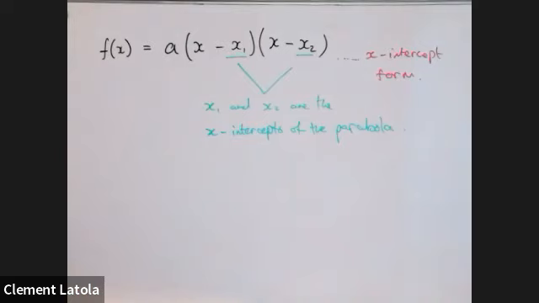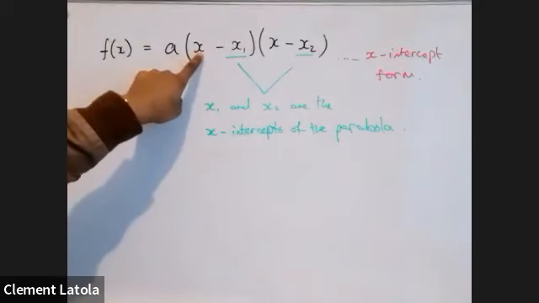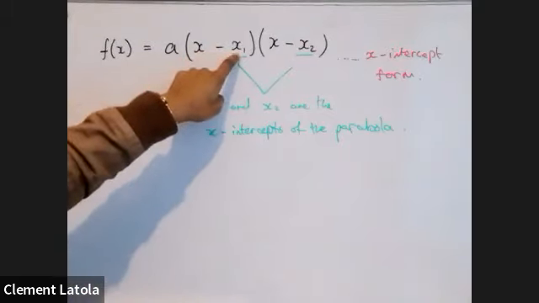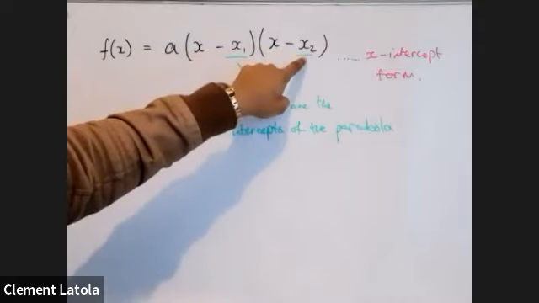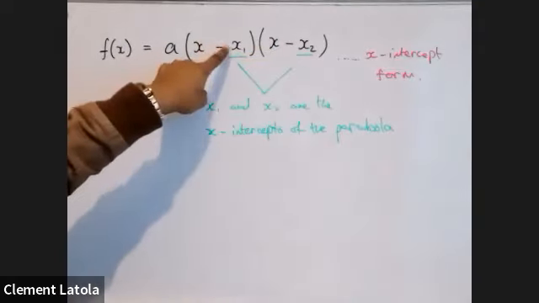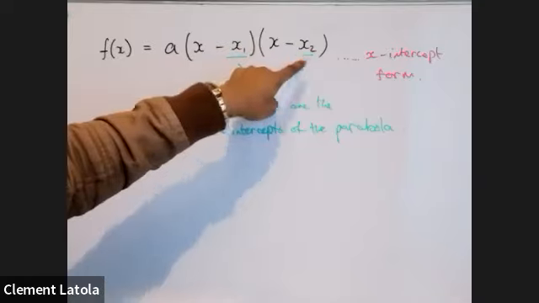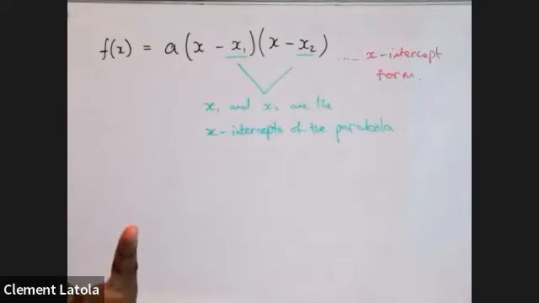So again, let me just pose a question while you guys are copying this down. If this was x minus 1 and x plus 2, what will the two x-intercepts be for this parabola?